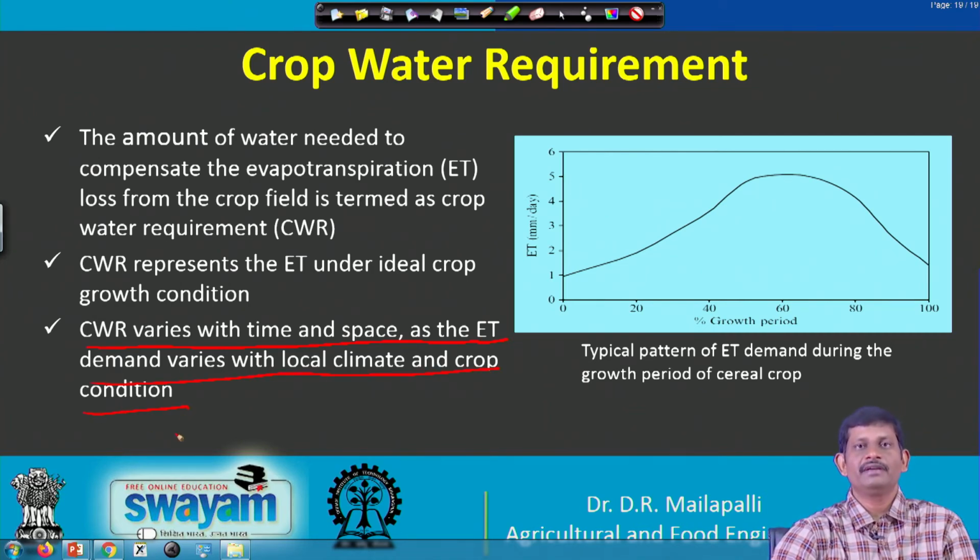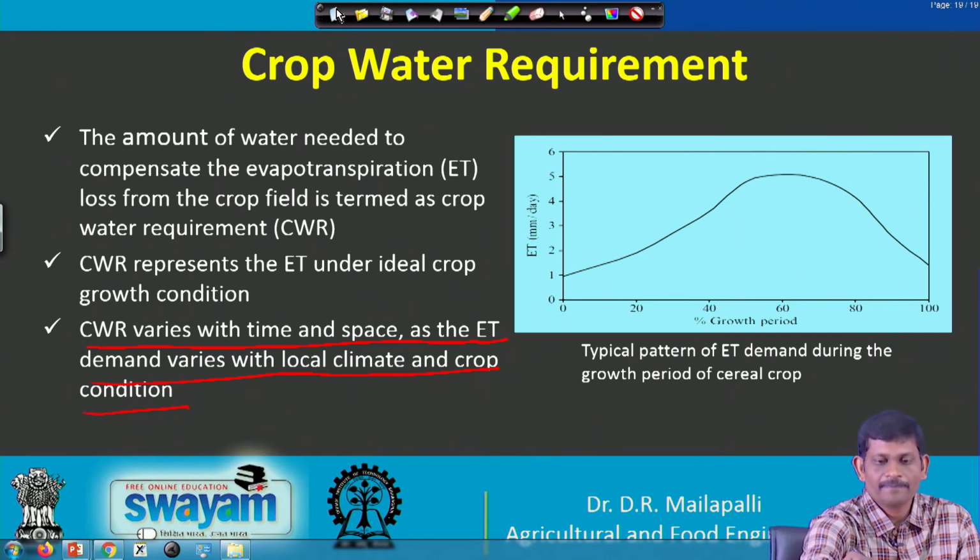As I explained in the initial slides, evapotranspiration is a climate demand, and the climate demand depends on space as well as time. So definitely the crop water requirement will be different in a particular area and also at a particular time.